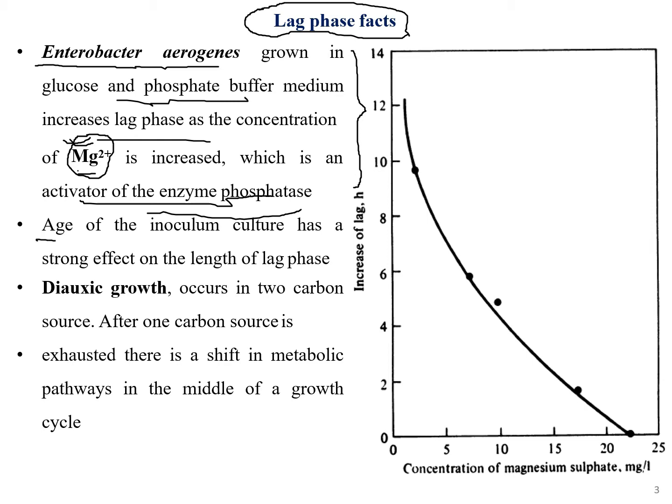Secondly, the age of the inoculum culture has a strong effect on the length of the lag phase. A new culture will have a different growth curve than an old culture kept for a couple of hours or a couple of days.